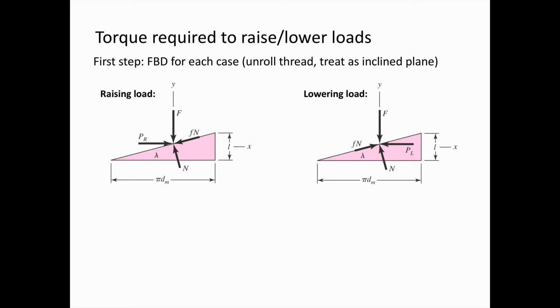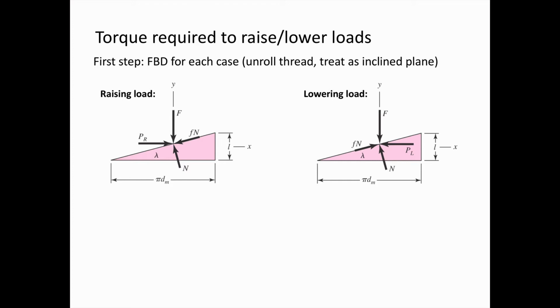Of course, we're going to have a normal force that acts perpendicular to the inclined plane. And suppose we want to push the object up the plane, we're going to be pushing to the right with this load P sub r, or the force required to raise the load.